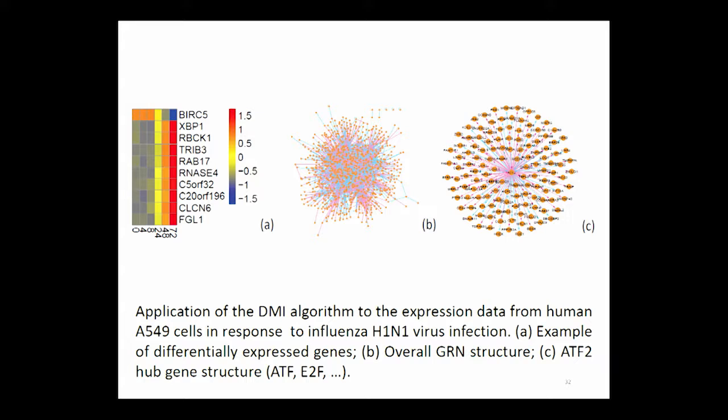After the simulation study, we applied the method to some real data sets. This data set is from influenza H1N1 virus infection data, and these are the gene expression patterns. This real data set only has 6 time points. This is the overall network structure we get, and here is the largest hub structure we obtained from the analysis.